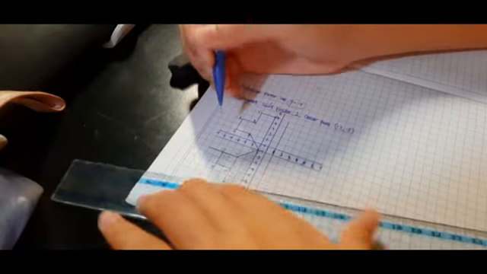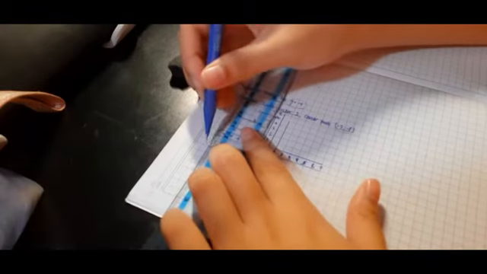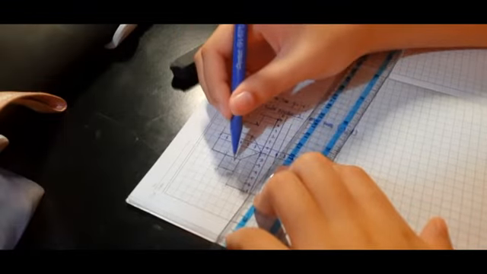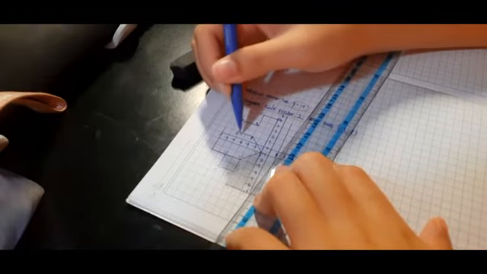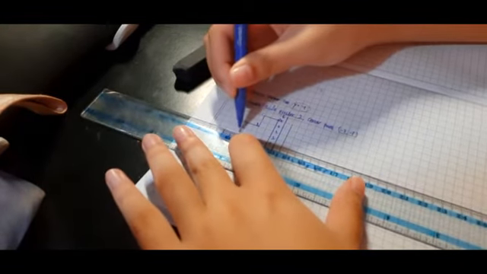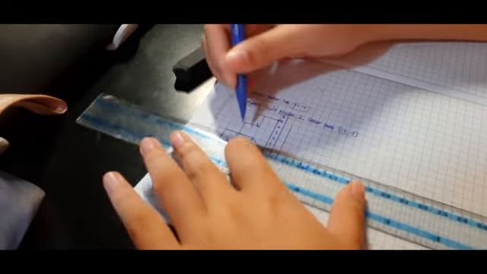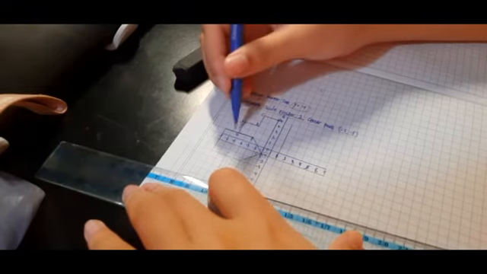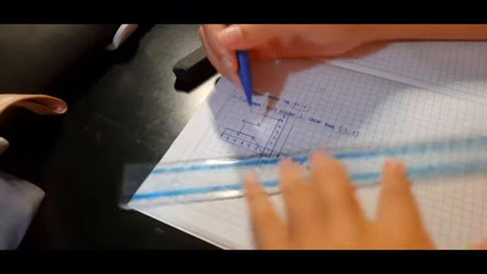This one as well. This final one as well. And now we can connect the 2 points with a diagonal line.